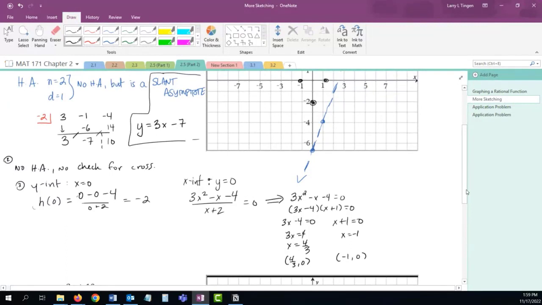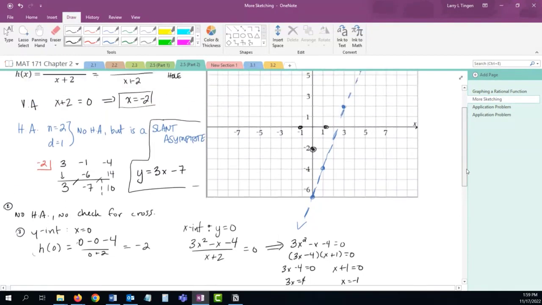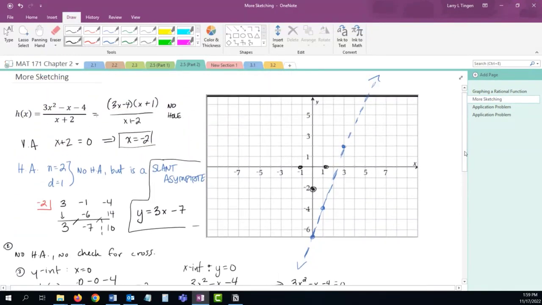Okay. So I got that. What else? So this one's a bit odd because of that slant asymptote cutting through it. So next thing I want to do is I don't have any points to the right of the slant asymptote, right?